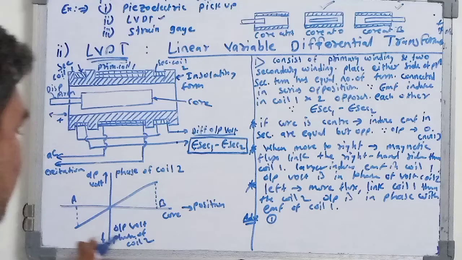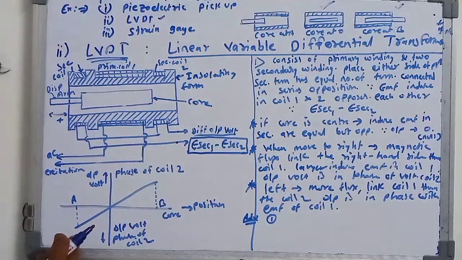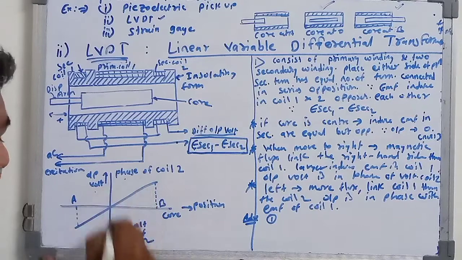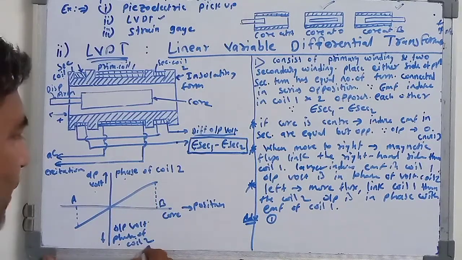Okay, and with the link of that particular coil and the link of coil number 2, the output is in phase with coil number 1, and you are producing this output like this. Here the output with coil 2, here the output with coil 1.